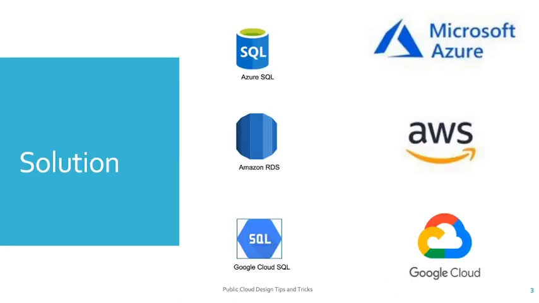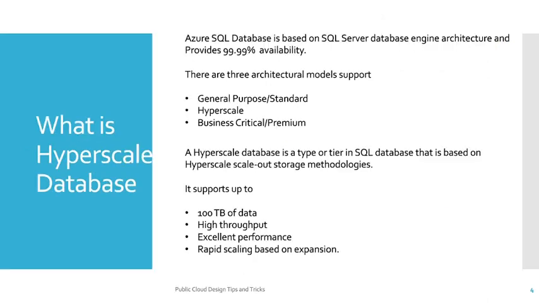To achieve this, Microsoft Azure provided Azure SQL database, AWS has provided AWS RDS, and Google Cloud has provided Google Cloud SQL. Now, let's try to understand what is Hyperscale database. Before that, let's realize Azure SQL database is based on SQL Server Database Engine architecture and it provides 99.99% availability. There are three architectural models which Azure SQL database supports.